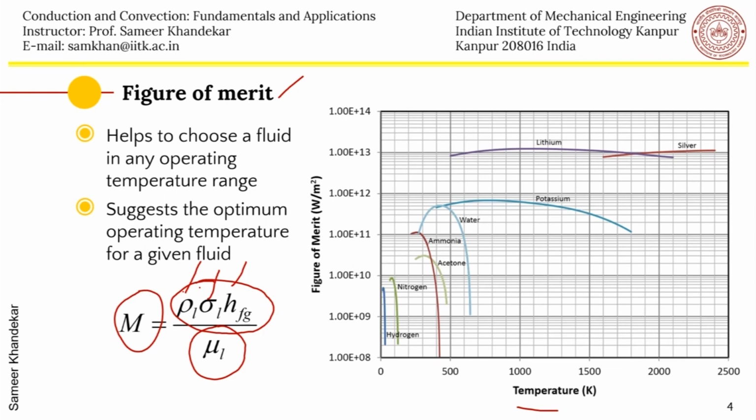This sucking of the liquid through the porous media towards the evaporator is done because of the capillary action, which is attributed to the surface tension and the radii of the capillary structure, the porous structure.